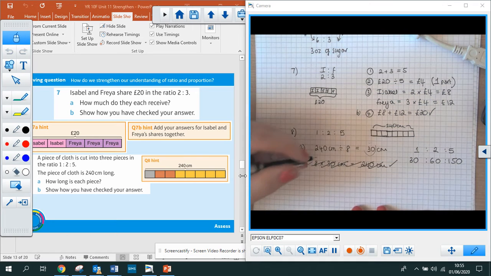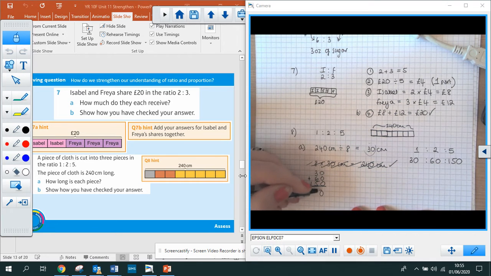The way that we're going to check that is by doing 30 plus 60 plus 150 and seeing if that comes back to our 240. Okay, 3 plus 6 is 9, plus 5 is 14, carry the 1, 1 add 1 is 240 centimetres. And that's correct, okay? I didn't read the whole of that question.